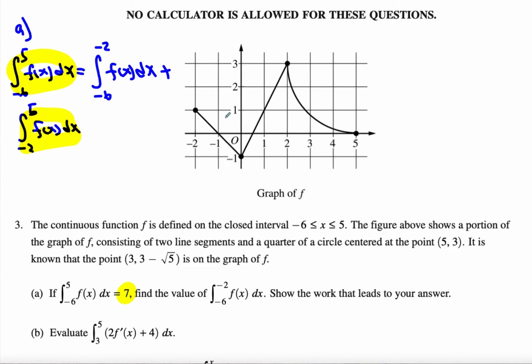Then let's try to look at the area here. We're looking at this area, and this area will be in fact equal to each other, but they cancel away each other because this one is positive, while this one is negative. Next, we also realize that this small area is equal to this area, so they cancel away.